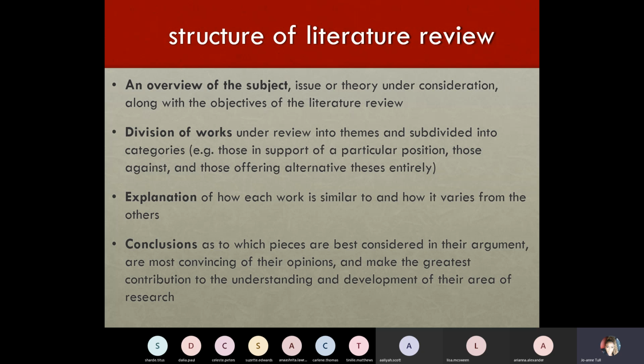We will get there. I'm saying to you, you have those two components. We are at the stage now where we want to learn today how you actually build an annotated bibliography.